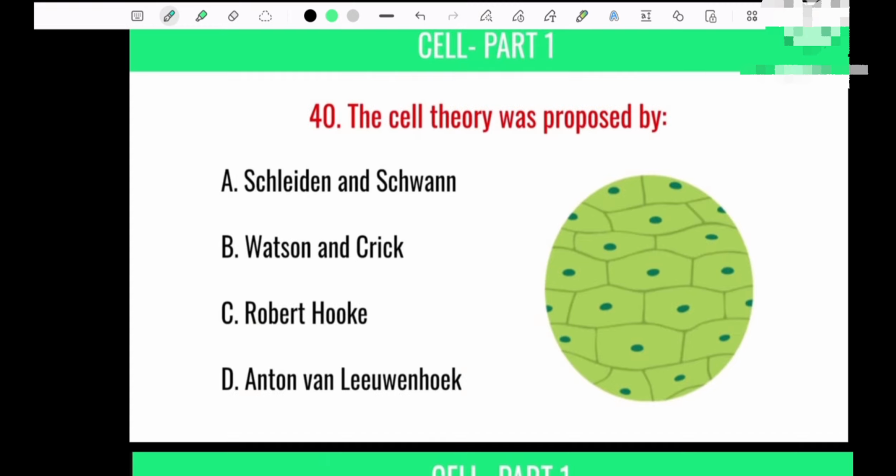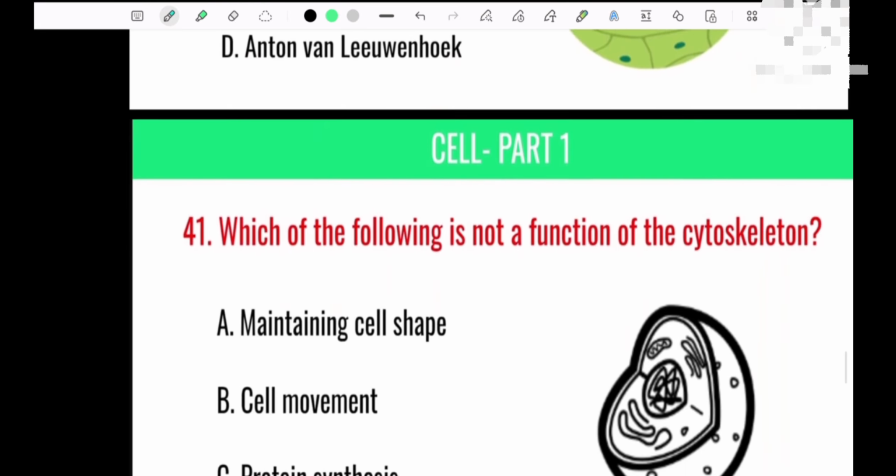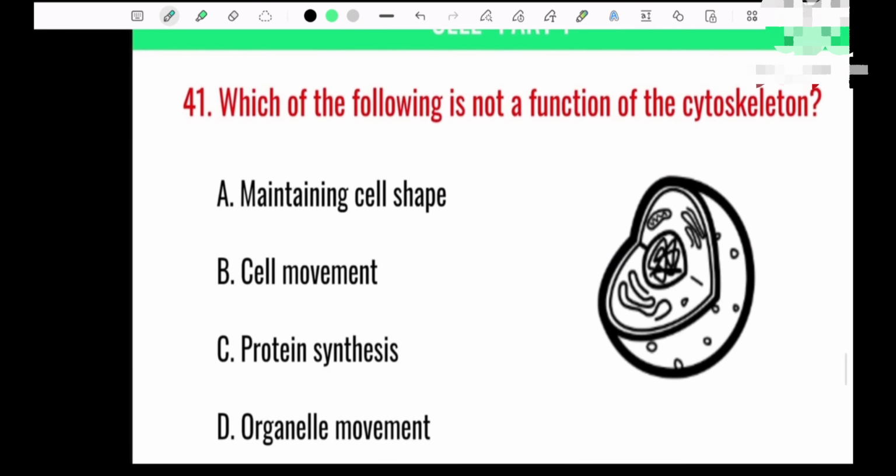The cell theory was proposed by Schleiden and Schwann. Which of the following is not a function of the cytoskeleton? Protein synthesis.